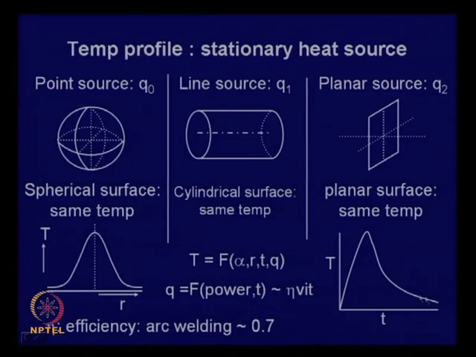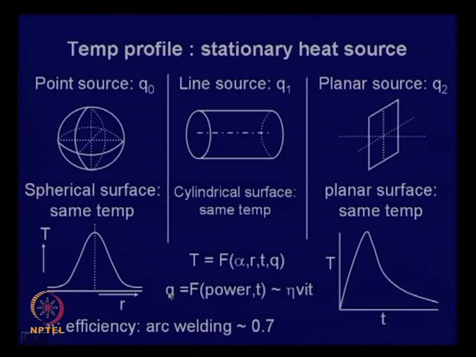In general, the temperature at a point will be a function of several factors: the material parameter, thermal diffusivity, distance from the heat source, the time, and the heat that you have put in. And how do you find out the heat that you put in?